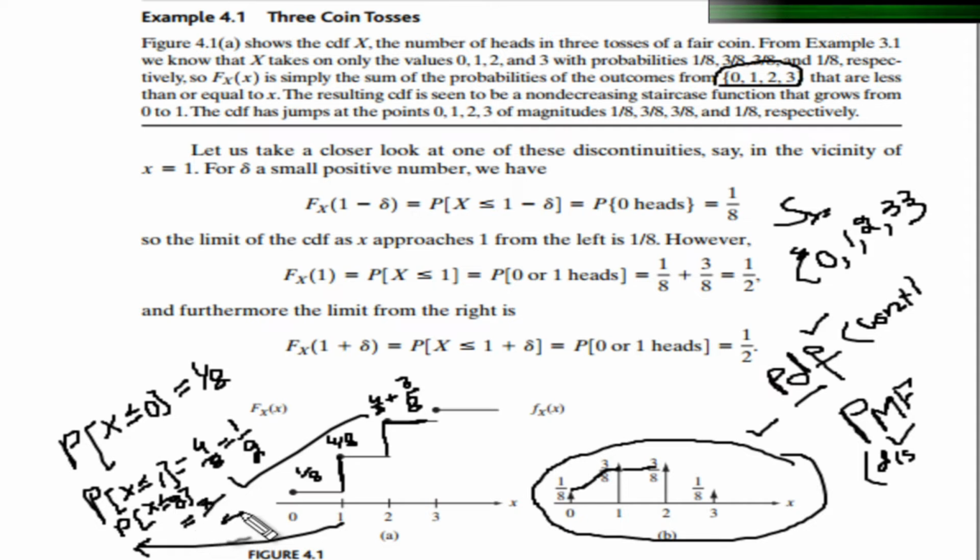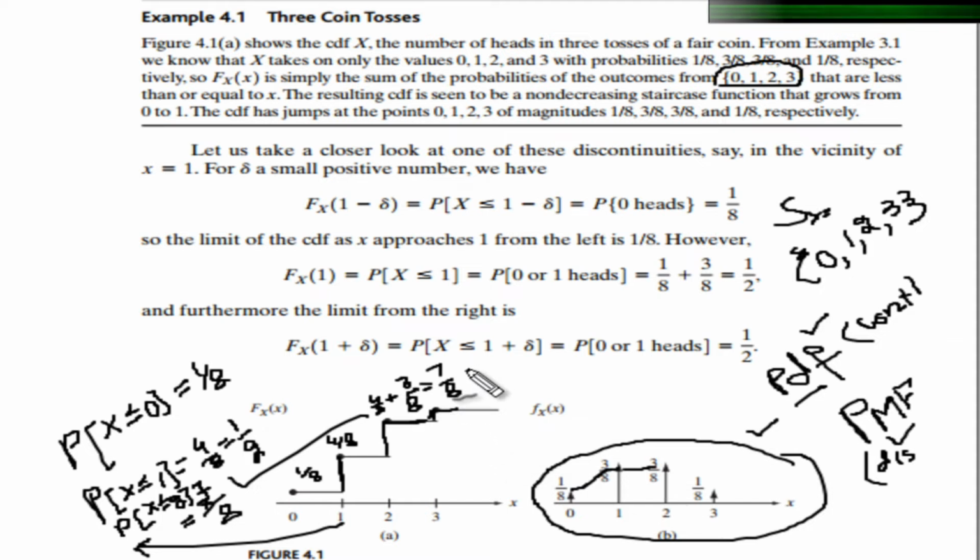Are you getting my point? This will now be equal to 7 by 8. Okay, so at the end, when it will come to 3 or more than 3, the CDF here will become 7 by 8, which is this one. The value which was here at this level, this was 7 by 8 plus the value at 3.